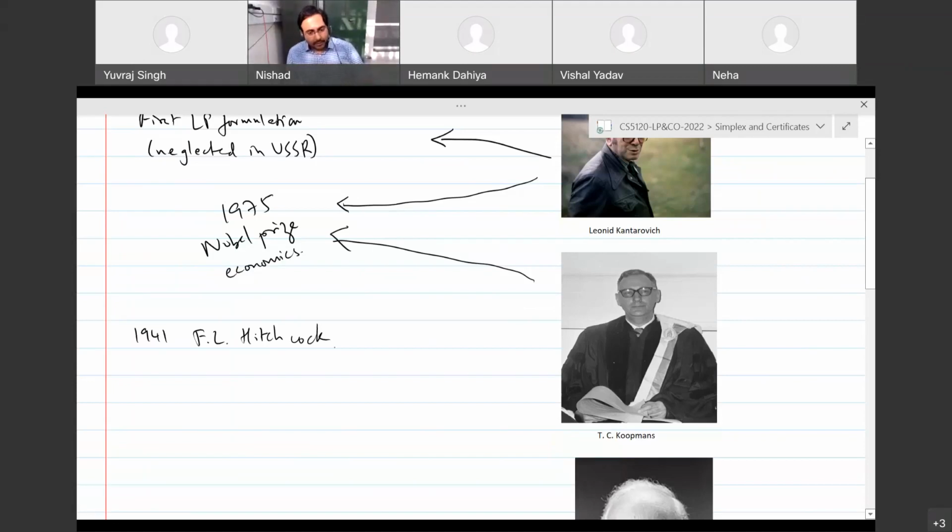He was an American mathematician and physicist, and he had similar ideas and also gave a solution which was similar to the simplex algorithm. However, he passed away in 1957, and the Nobel Prize in Economics is not given posthumously. So let me just say, he had similar ideas, but he died in 1957.